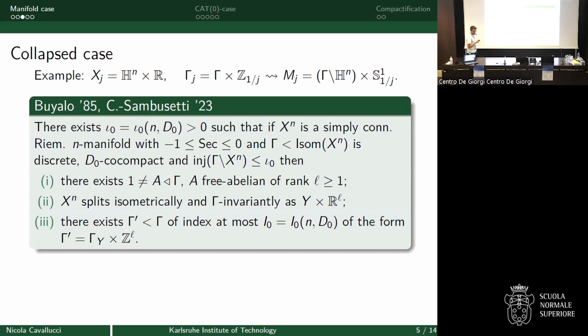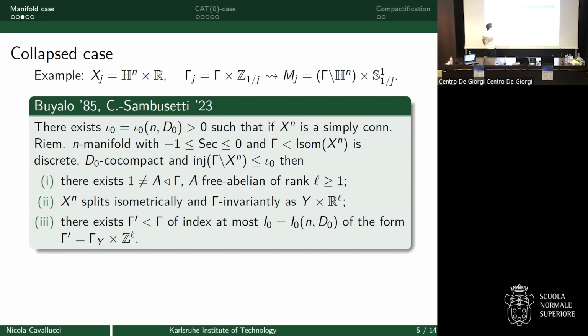It exists, and this is a theorem, which more or less was done by Buyalo. We just refined it with Sambusetti, and it says the following. There exists a parameter, iota_0, which plays the role of a lower bound on the injectivity radius, and depends only on the dimension and the diameter, such that in our situation, if the injectivity radius is smaller than iota_0, then we have a splitting with a non-trivial Euclidean factor, exactly as above.